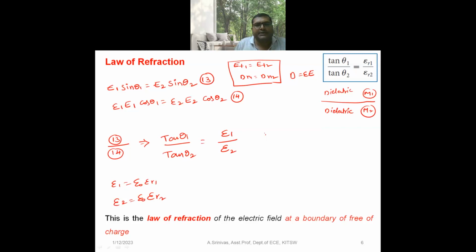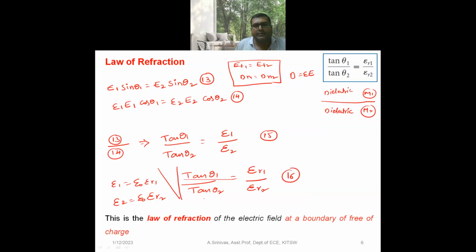And after further simplification, equation 15 will become tan theta 1 by tan theta 2 is equal to epsilon R1 by epsilon R2.